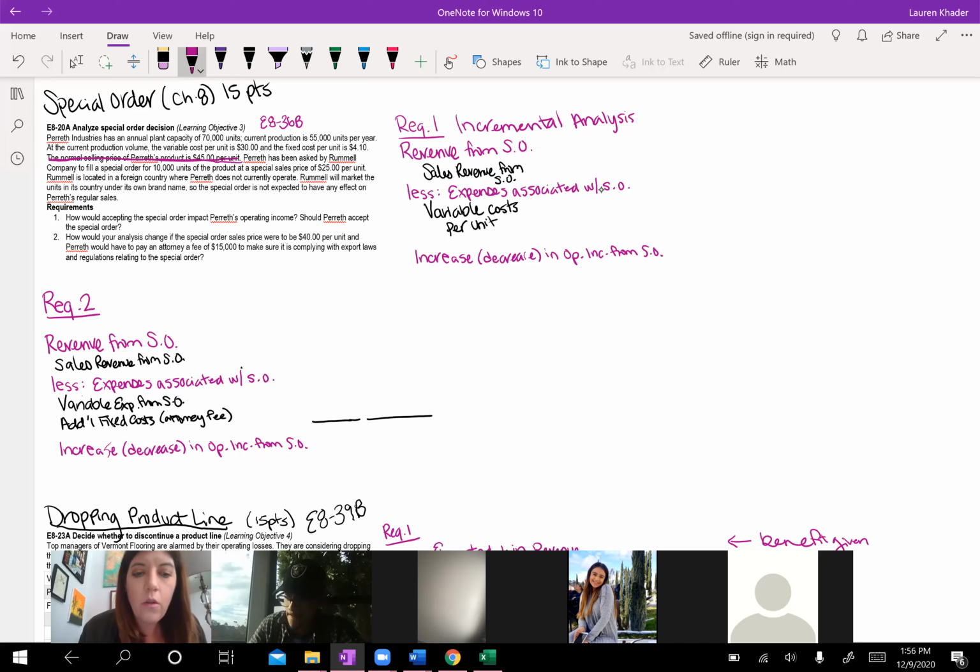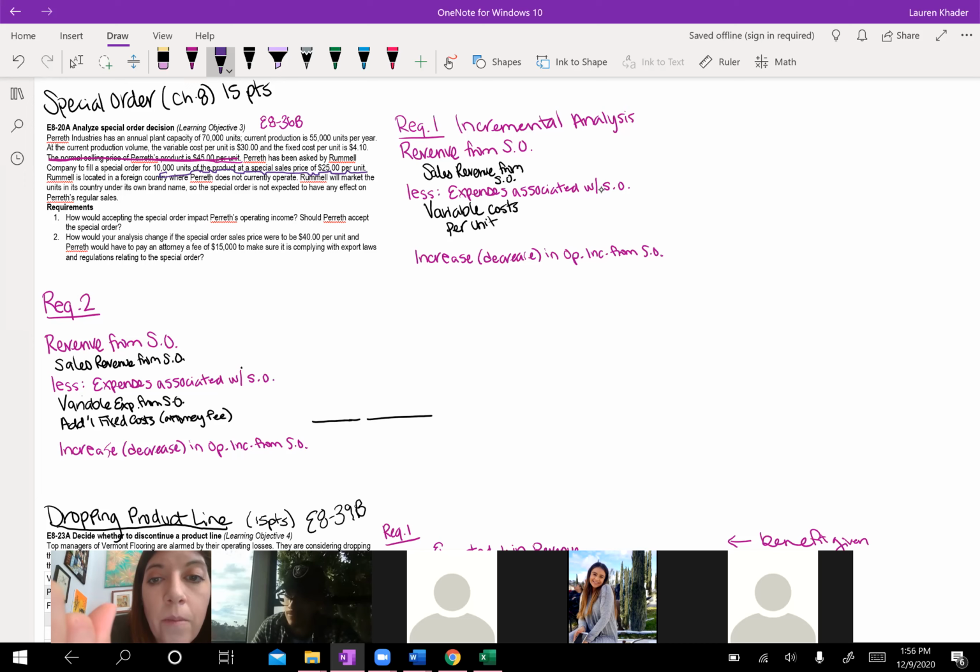I don't care that they normally receive $45 per unit as a selling price. We're willing to accept a lower amount. What we're first going to compare is that 10,000 units, which is the number of units in the special order at the $25 per unit selling price. So the revenue from the special order.